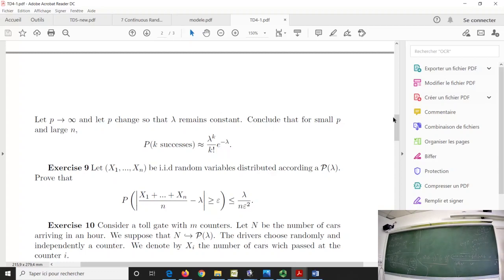So it's a known limit, and in the course of finance, for sure, you are going to do this kind of thing.